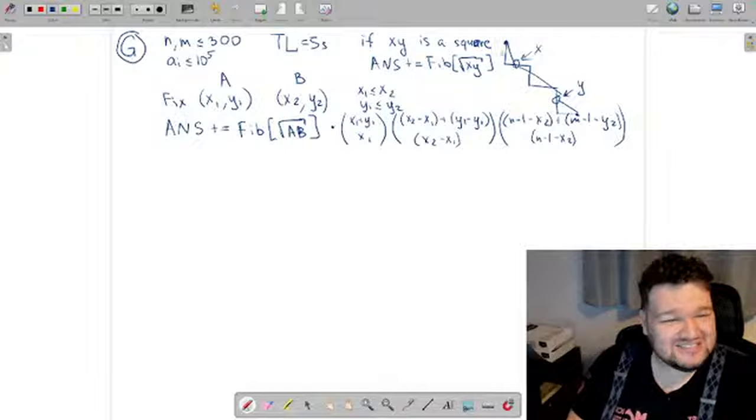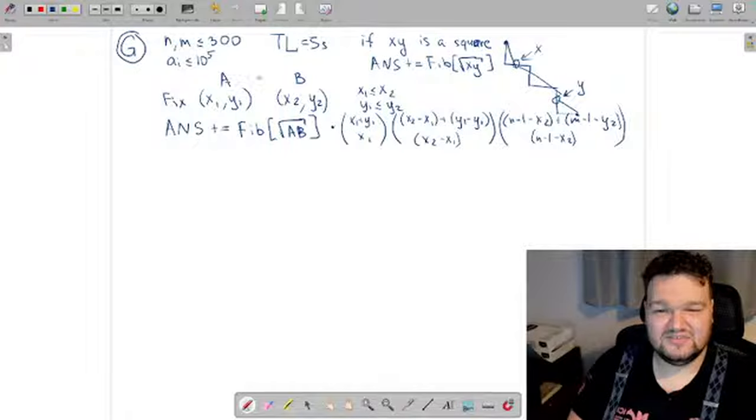So if we just iterate over all the pairs, we can quickly check if the product of those two numbers is a square and what is their Fibonacci.